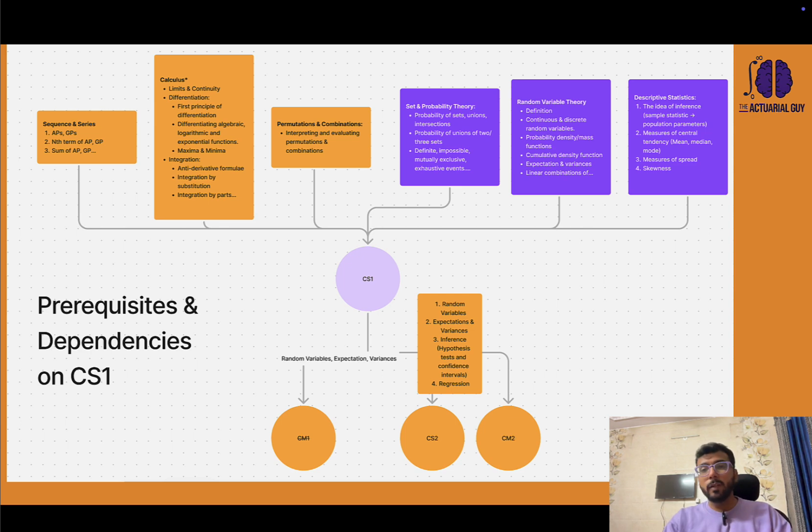And finally, you need to know descriptive statistics. So you need to know the idea of central tendency, that is mean, median, mode. You need to know what measures of spread are, such as variance, standard deviation, all of that. You need to know what the idea of skewness is, right? So these are some of the topics which are required in order to understand subject CS1 well. And these three topics that are marked in purple here, all of them I've covered in separate videos, so you should go through them.